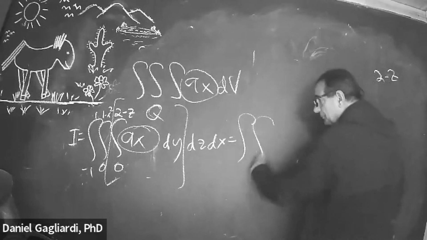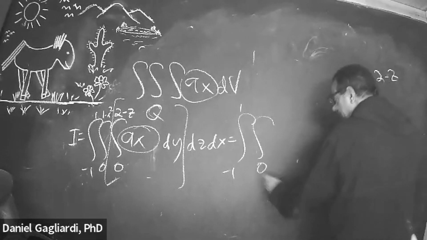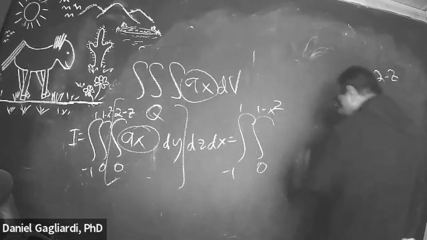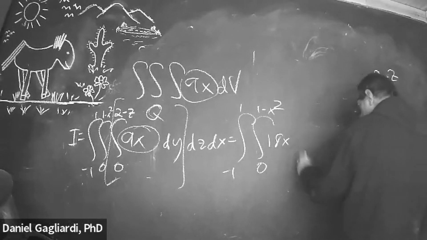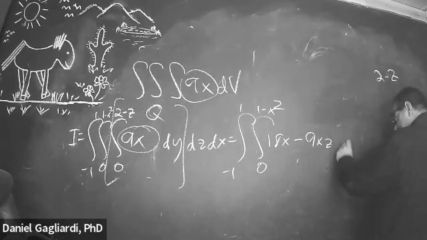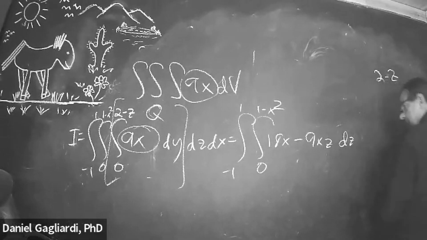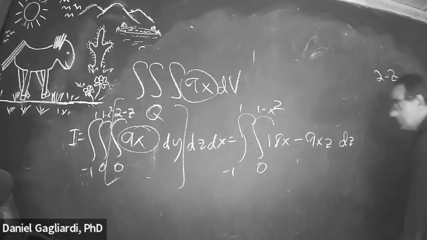That reduces the number of integrals we have, making it less scary. So we have 0 to 1 minus x squared, and then 18x minus 9xz, and that's a dz integral, and then the outside integral will be an x integral. Yes, I need two integrals.